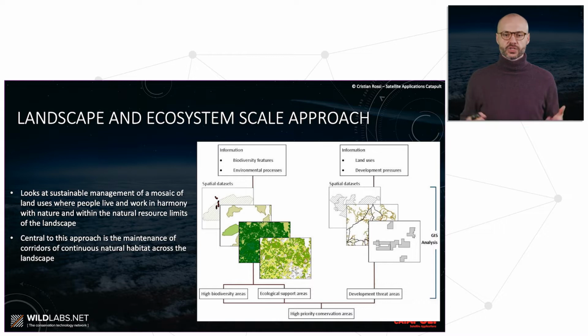This is a very popular system to get data, to process data, and to derive geospatial maps that have specific requirements. The information here were biodiversity features and environmental processes, as well as land uses and development pressures. The objective was to create high priority conservation areas.